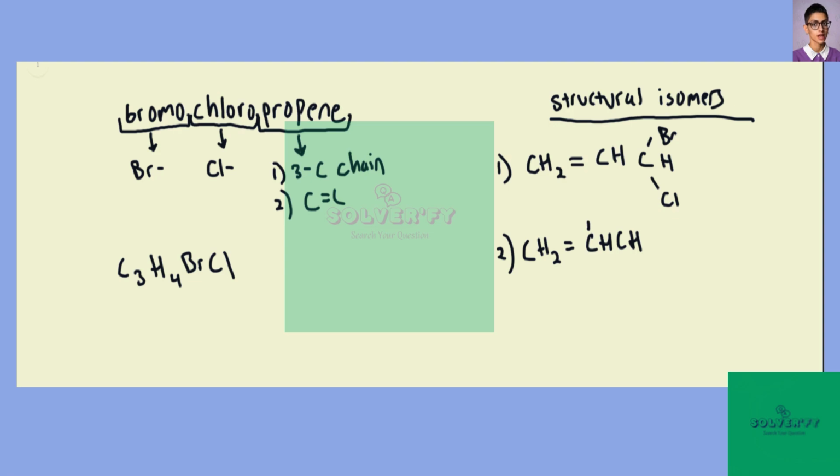And I'm going to move the chlorine here and the bromine here. And then for my third isomer, I'm basically going to switch the locations of the bromine and the chlorine. And those are my 3 structural isomers.